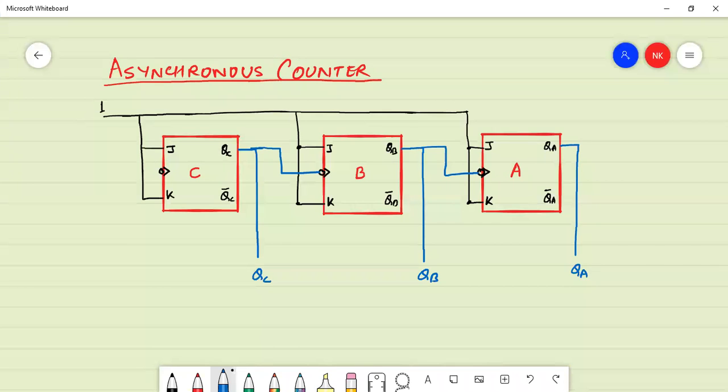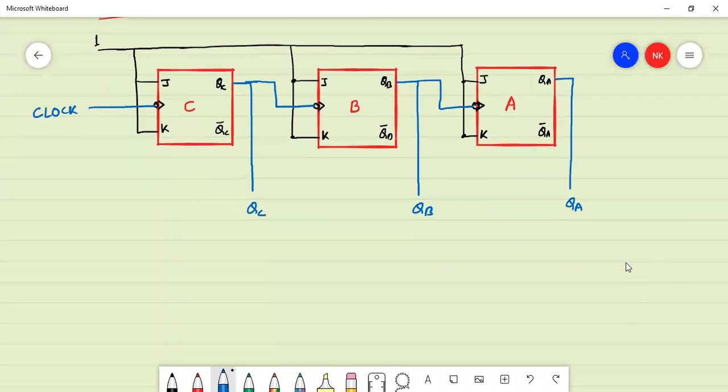The outputs are shown like this. So this is the basic block diagram of an asynchronous counter with 3 flip-flops.